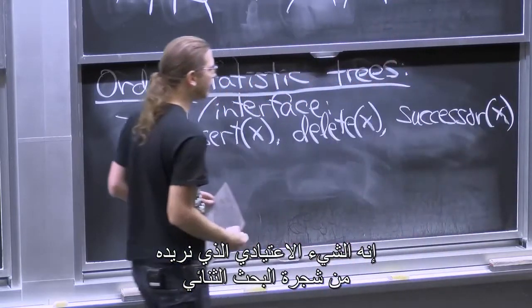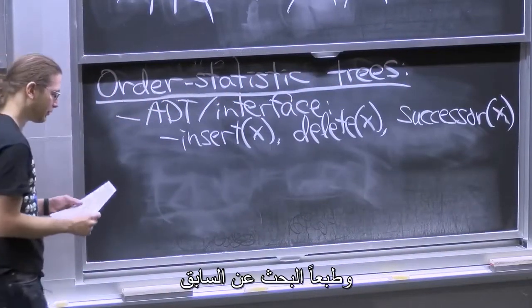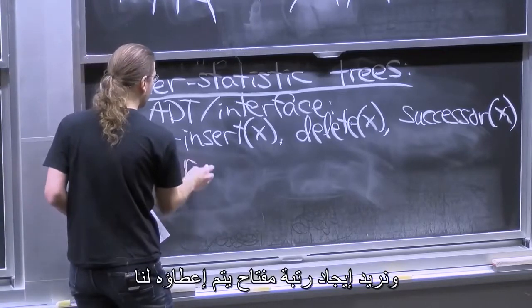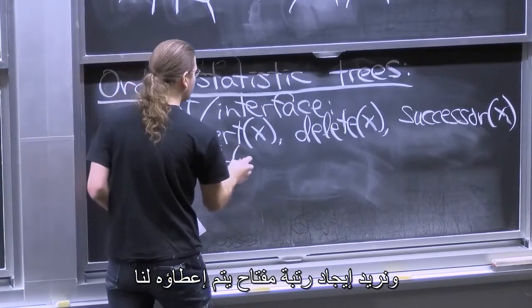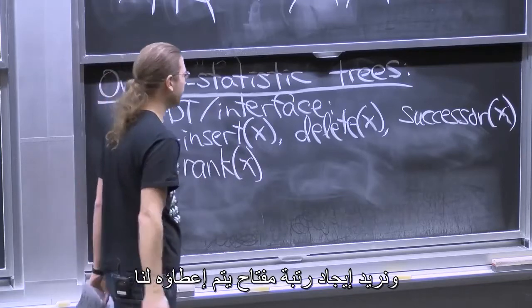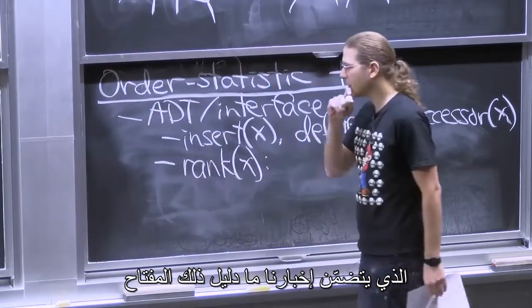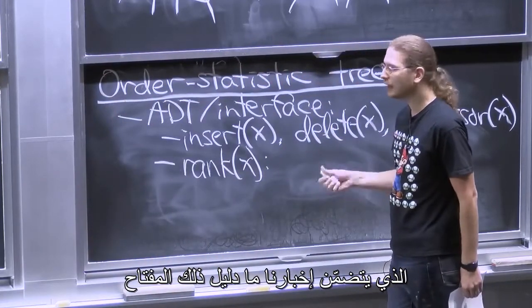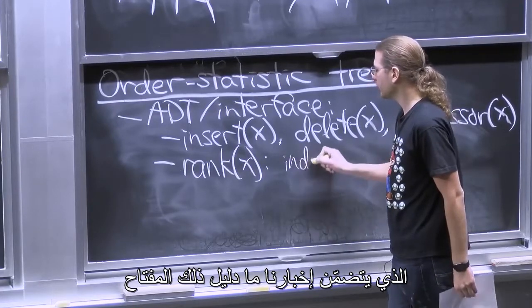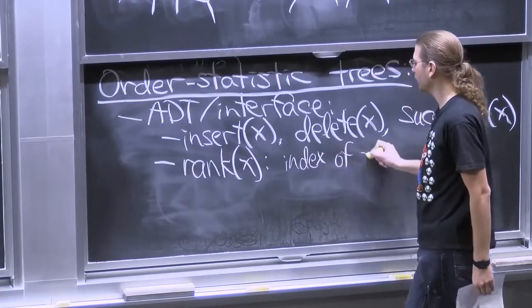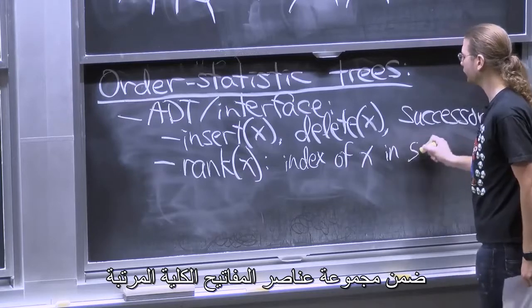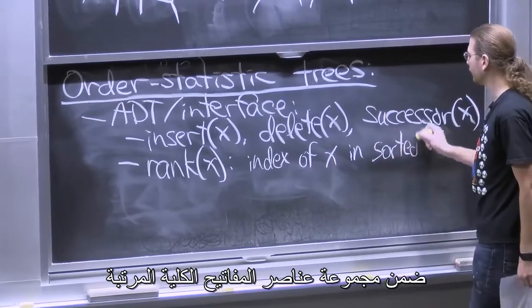It's the usual thing we want out of a binary search tree. Predecessor too, sure. We want to do rank of a given key, which is: tell me what is the index of that key in the overall sorted order of the items, of the keys.